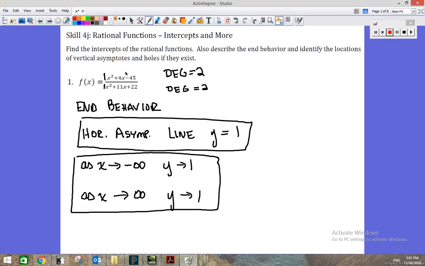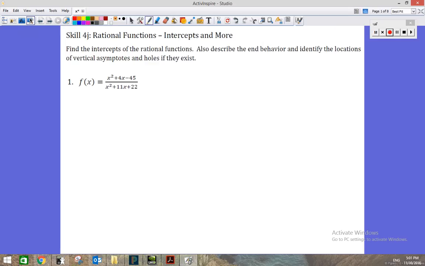Alright. So what next? Vertical asymptote and holes. So let's factor the numerator and denominator. Remember I said change this to 13. Sorry about that. x plus 9, x minus 5, x plus 2, x plus 11.